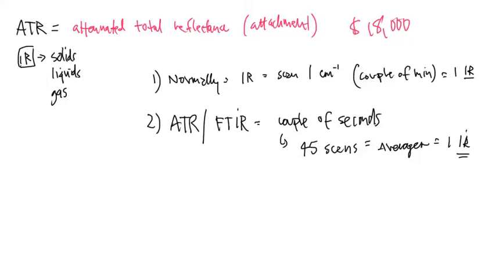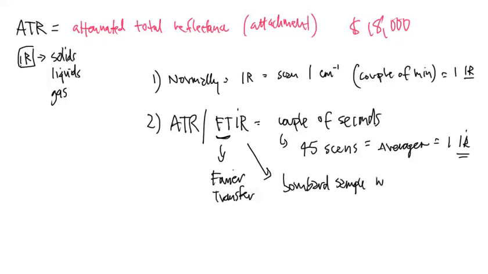Well, the ATR attachment, we know what that stands for, attenuated total reflectance. And the FT in FTIR really allows this process to speed up much quicker because the F stands for Fourier and the T stands for transform. Fourier transform. The FTIR allows the instrument to bombard the sample with all wave numbers at one time.